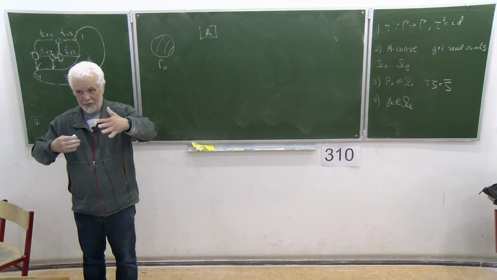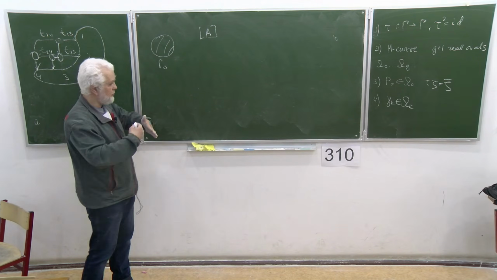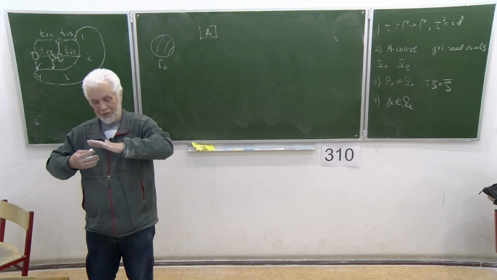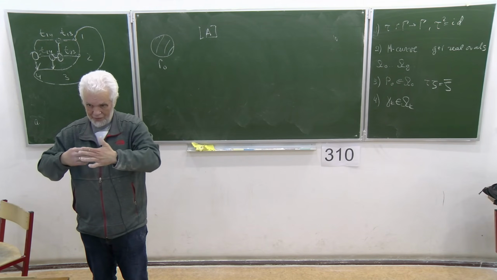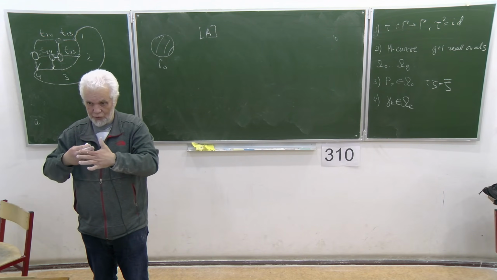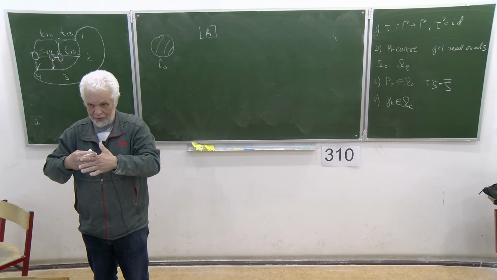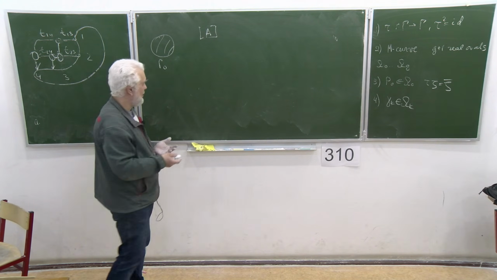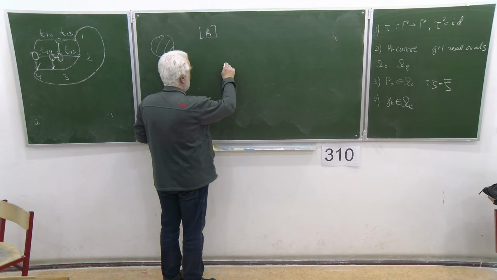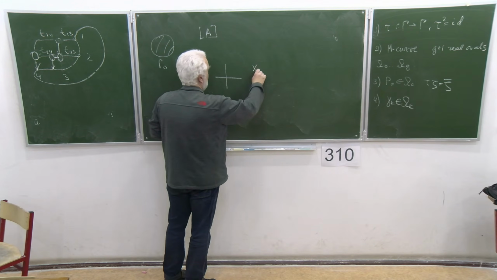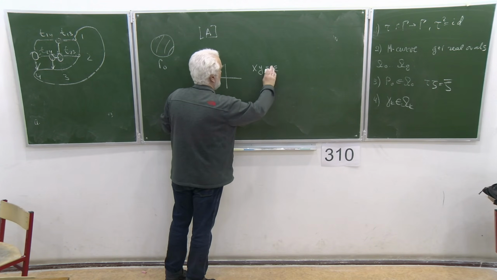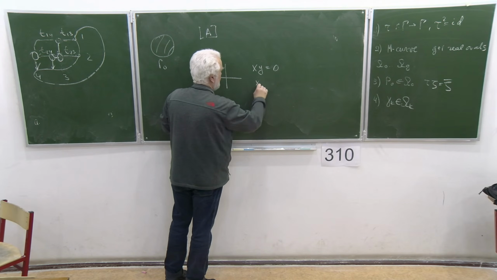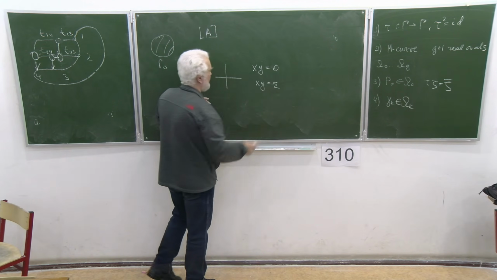And now we can desingularize the curve. We can transform the curve in the double points to small handles, and we can construct a regular curve. If you locally have an intersection like xy equals 0, we make xy equals epsilon.